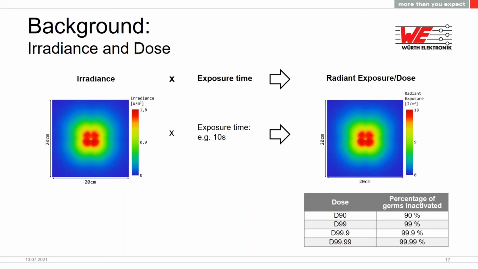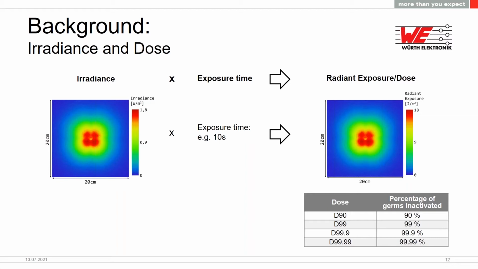Now, if you want to disinfect a certain germ, bacterium, or virus, the value that can be found in publications is typically the D90 dose. The D90 dose gives you a radiant exposure in joules per square meter that you need to achieve.